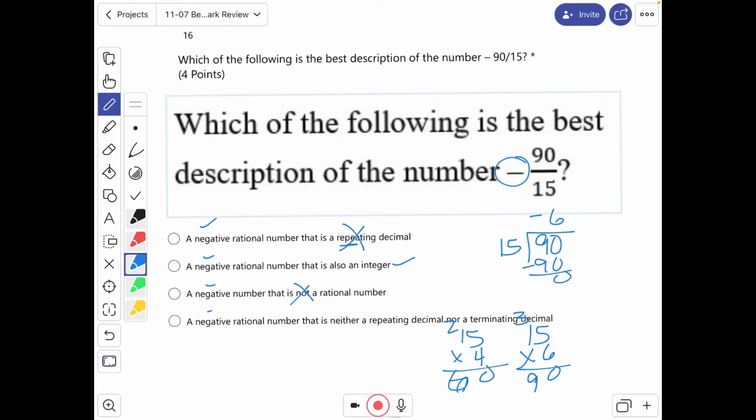A negative rational number that is neither repeating nor terminating? Well, it isn't repeating or terminating, so that could possibly be true. But I think the best answer choice would be this one because it is an integer. It comes out even to negative 6.